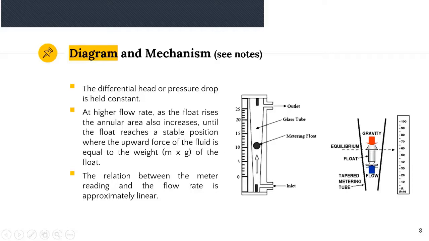Now if the float shape is like this, both sides have a similar surface area.